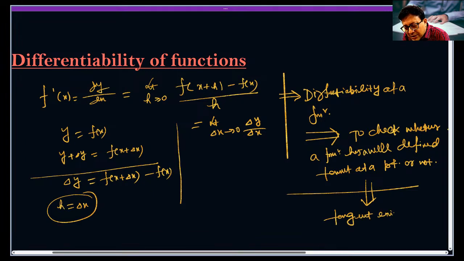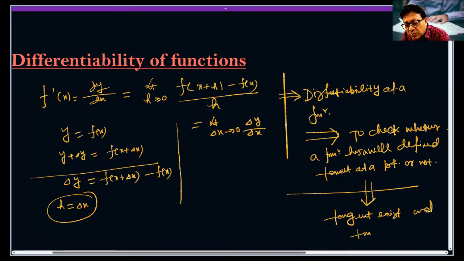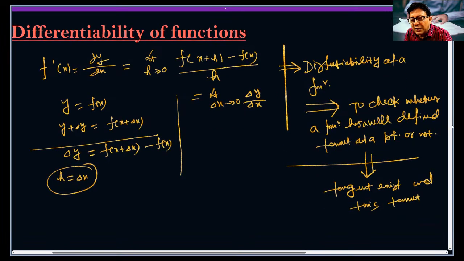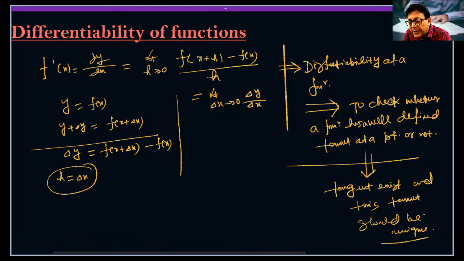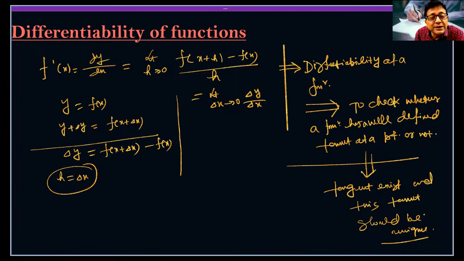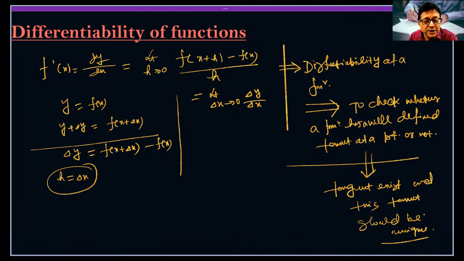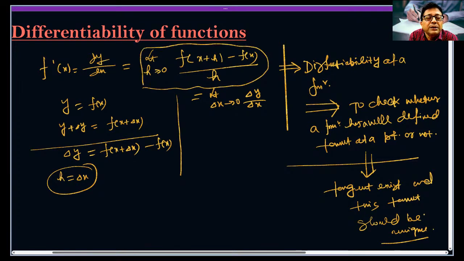If the tangent is not unique, then for the value of dy by dx you are getting two values, which is not possible. You will get one value of this limit only.